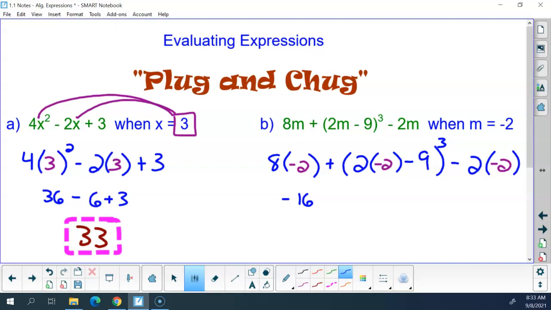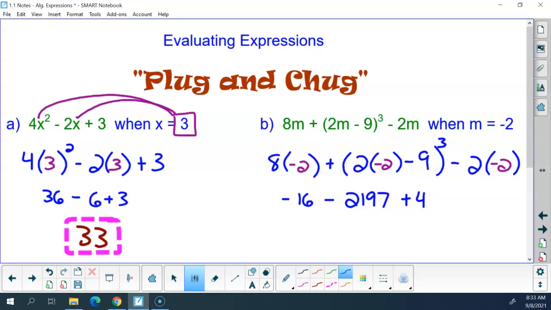13 times 13 is 169, times 13 is 2,197. And then plus 4, right? Agree? 2 times negative 2 is negative 4.